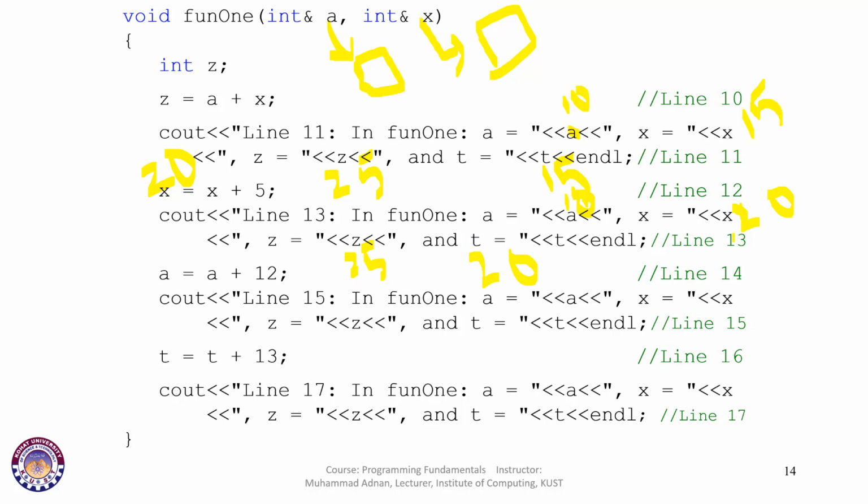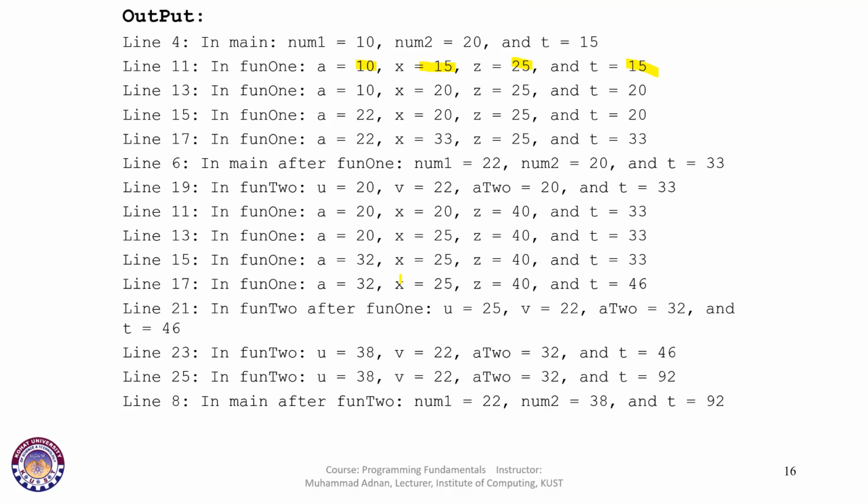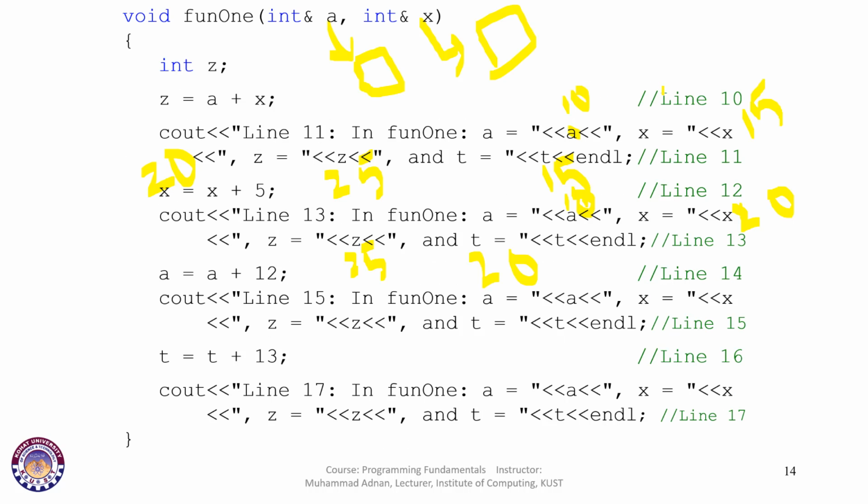Now we get 10, 20, 25, 20. Because x refers to t, changes made through the local variable are also reflected in t.